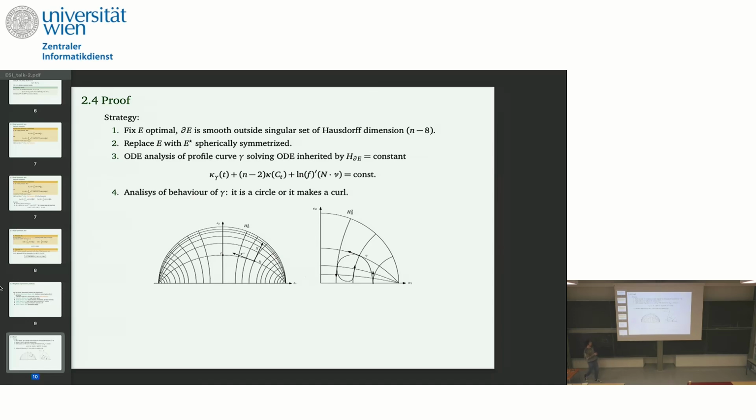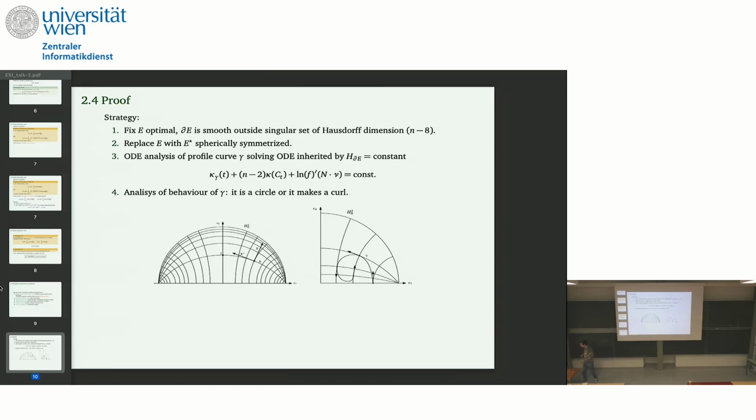And so the mean curvature of E star, or E because we replaced E with E star, so gamma will inherit an ODE coming from the constancy of the mean curvature of this spherical symmetrized set. It's not really important what it is, but it's an ODE in terms of gamma. And now you do a very subtle ODE analysis of gamma.